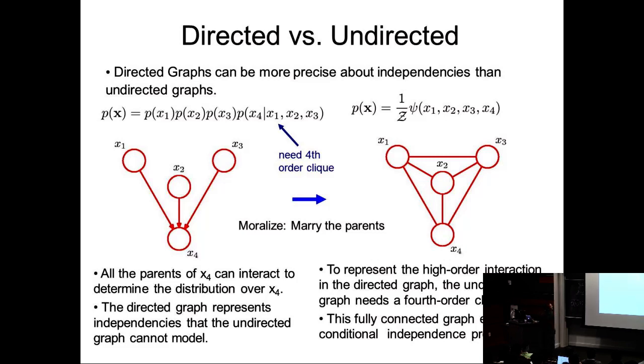Well, it turns out that directed graphs can be more precise about independencies than undirected graphs. Let's look at this example. What is this example saying? The way my joint probability factorizes is that I have priors over x1, x2, and x3: p of x1, p of x2, p of x3, and then the conditional probability of x4 given the parents.